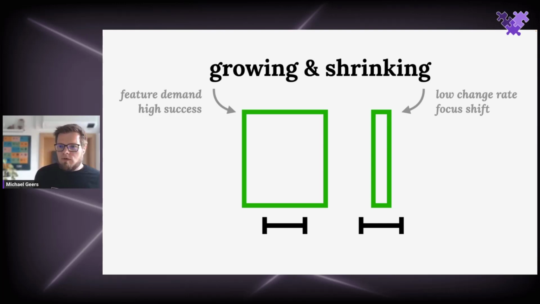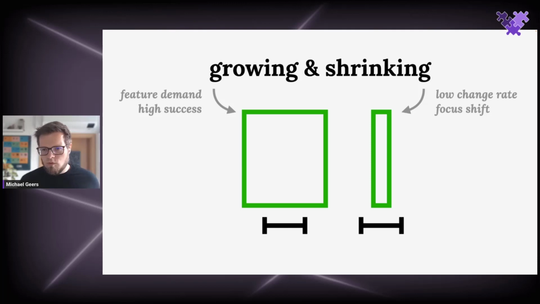The other extreme would be that maybe initially there was a lot of work to be done, but over time the system matured and the change rate required gets lower and lower, or the focus of the company shifts and the system is fine, but there's not a lot of extra work to do. So we have both cases, and let's start with the shrinking case.